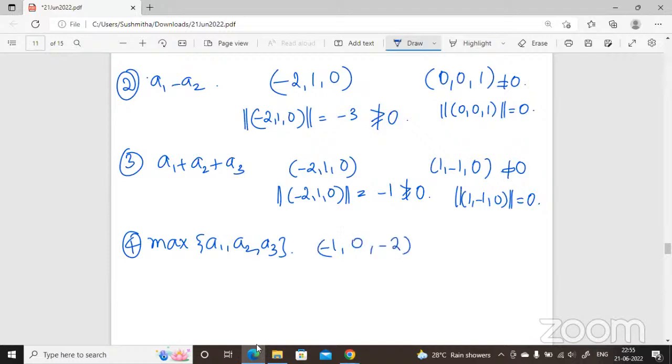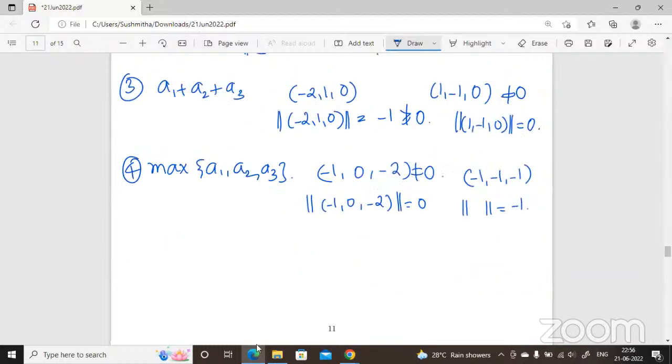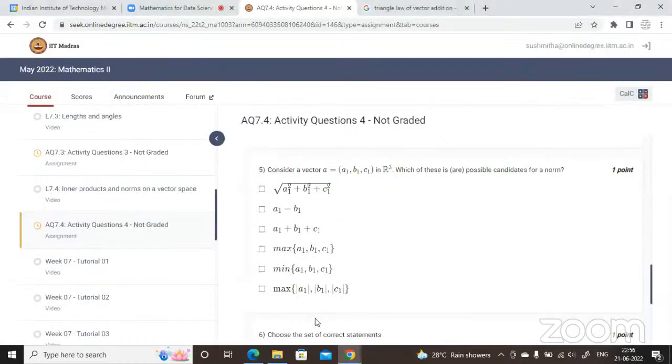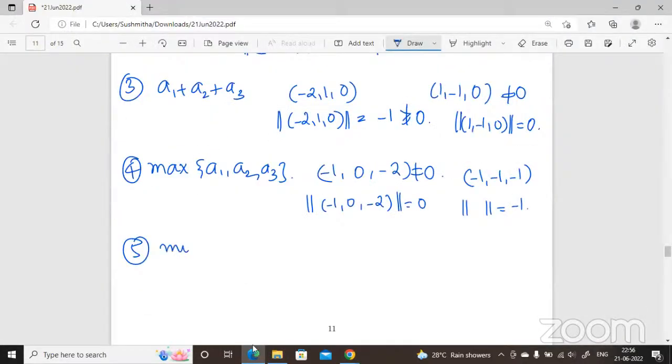Then the highest is minus 1, or else minus 3 if I take, then the highest will be minus 1, and that is not greater than 0. Yeah, that way also is fine. Norm is 0, but the vector is not 0. Or you can take minus 1, minus 1, minus 1. Norm is minus 1. Minimum for the same reason, right? Yes, ma'am.